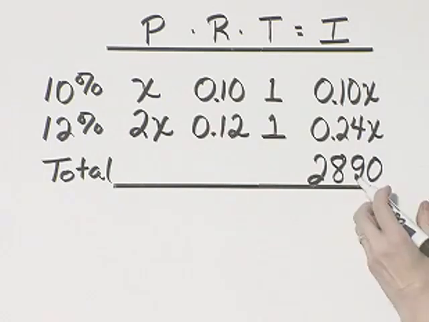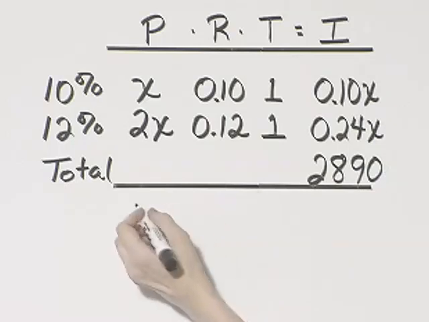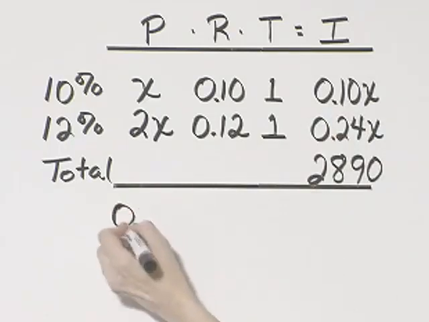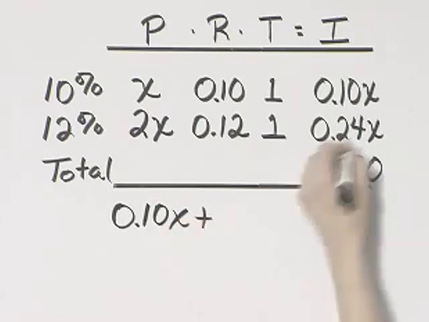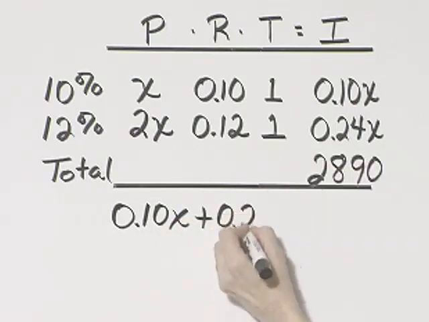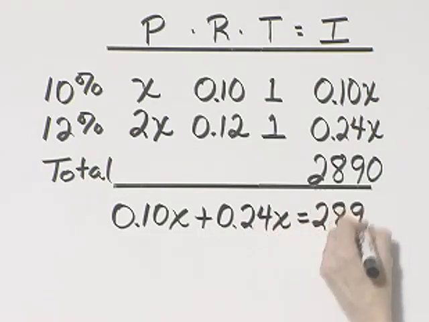Because we're given total interest, it must be this interest plus this interest to equal this interest. And that's how we translate to an equation. This interest, 10 hundredths x plus 24 hundredths x equals 2,890. That is your equation to solve.